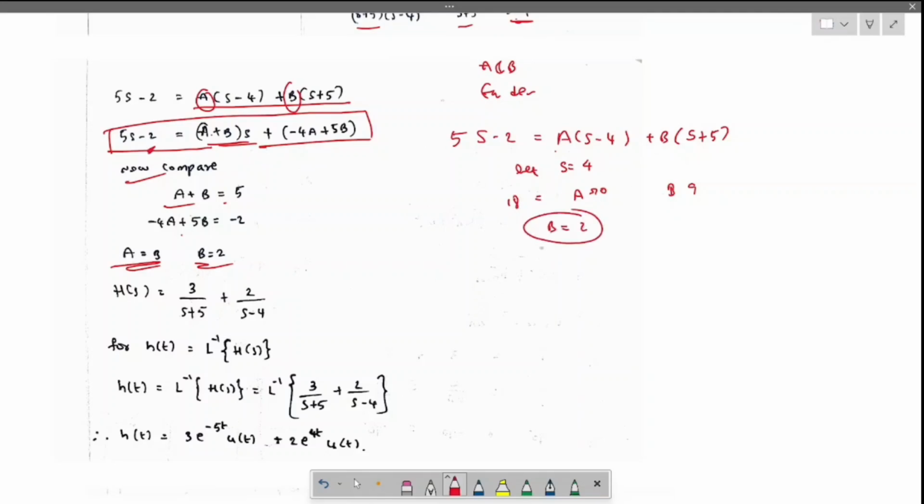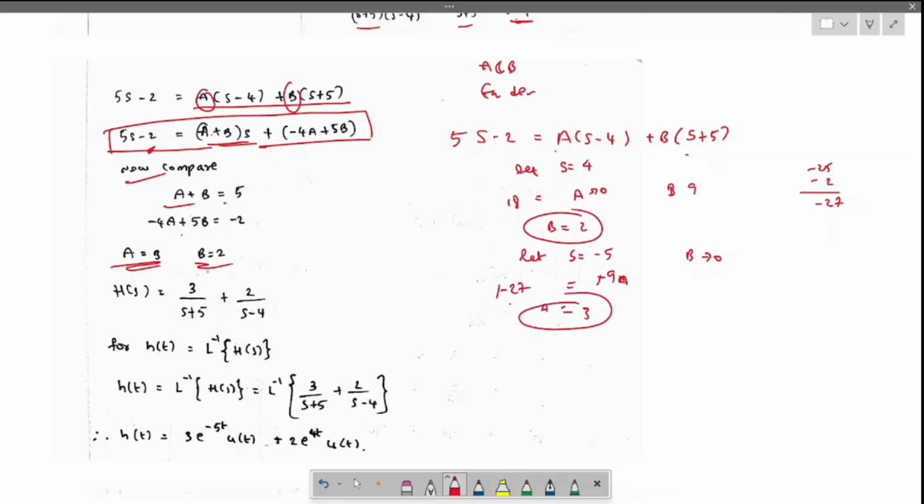Now in the same way, let s equals −5. If we put −5 here, then b becomes 0. −5 − 4 is −9, and −5 into 5 is −25, −25 − 2 is −27, then the minuses cancel and a becomes 3.